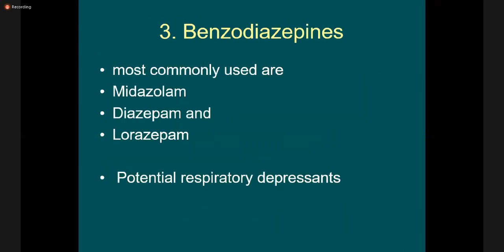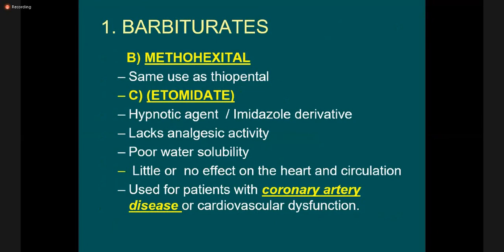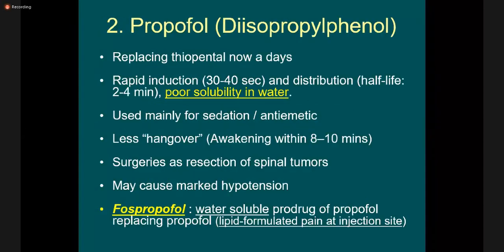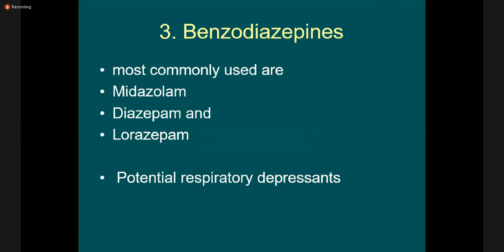Then we have the third drugs. In the barbiturates we discussed thiopental, methohexital, etomidate. Then we discussed propofol. The third part is the benzodiazepines. Benzodiazepines are not the main inducing agents, or the main IV anesthetic.